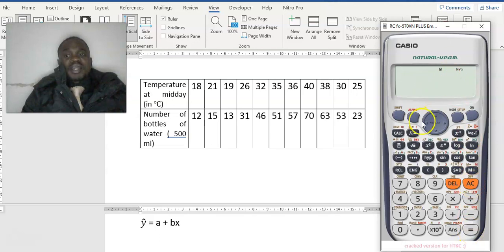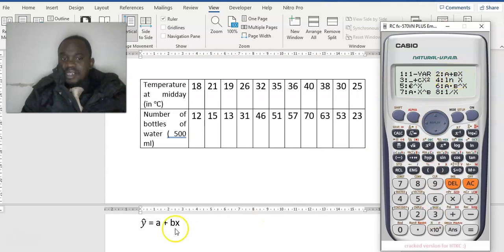We have cleared the data on the calculator. Now we need to change the calculator to statistics. So you press setup, then stat is what? 3. So you press 3, then we want the equation, that is a plus bx, which is what? 2. So you press 2.